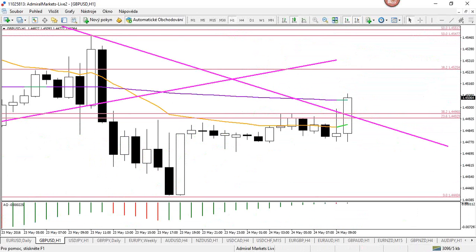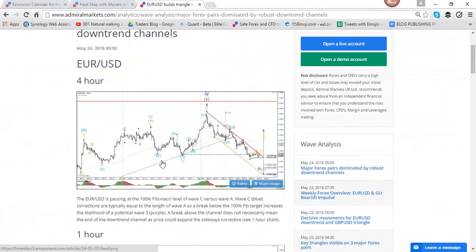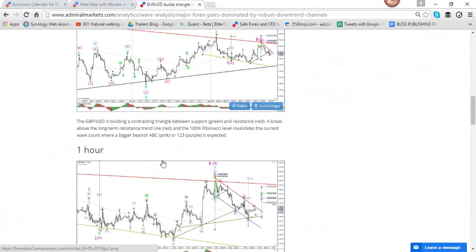And my wave analysis, hopefully it's ready by now. You already see that I was hinting to that pattern. Sorry about that.